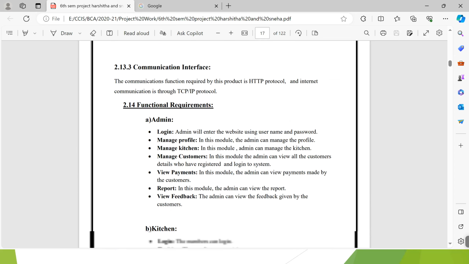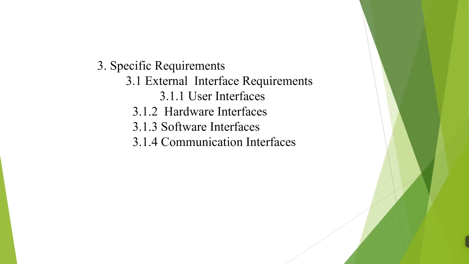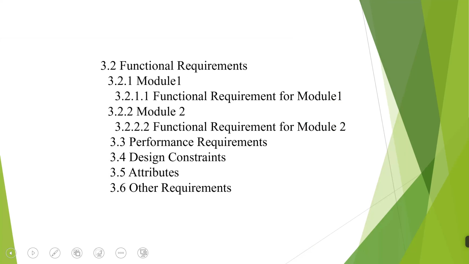Now coming to functional requirements. There is a small change in this discussion which I will tell you. When it comes to functional requirements, you have to go in depth of every module. You have to list out all the modules.